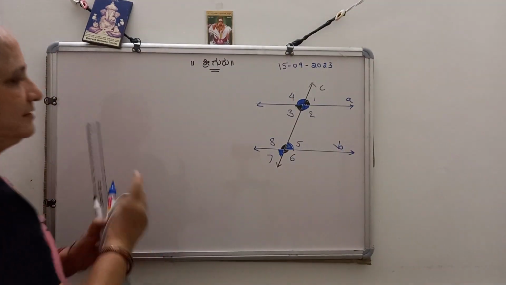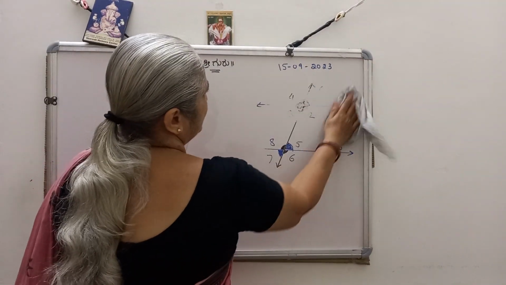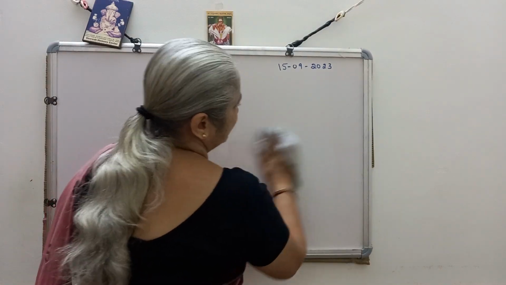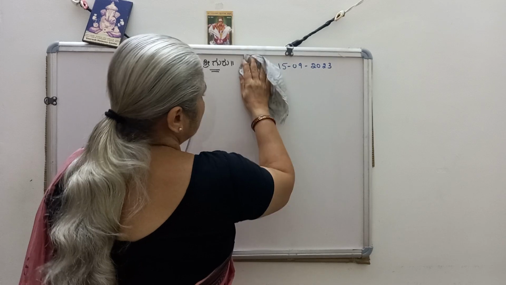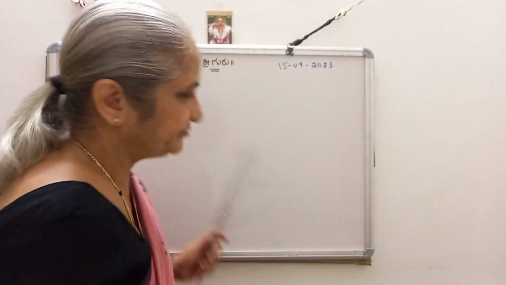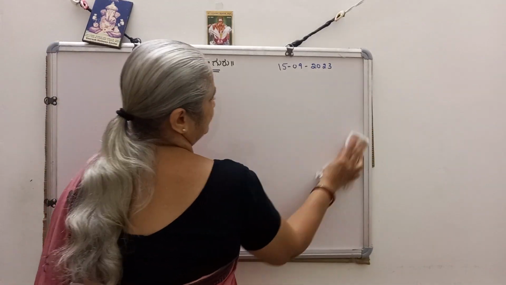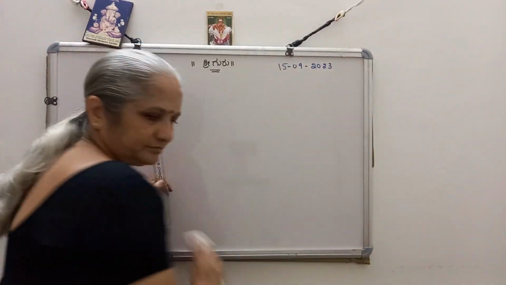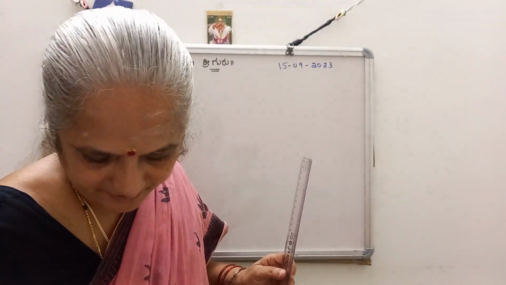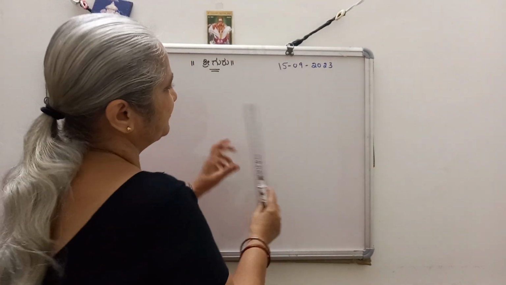Here the figure is different. These exercises make you perfect. However the figure is drawn, you should be able to recognize the parallel lines and the transversal. See how they have drawn the figure.